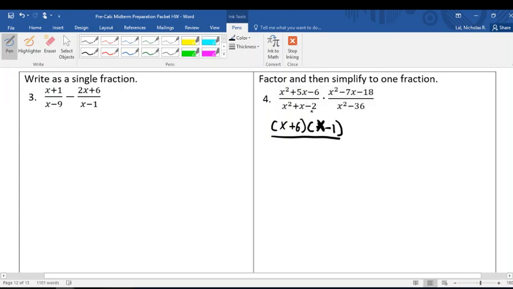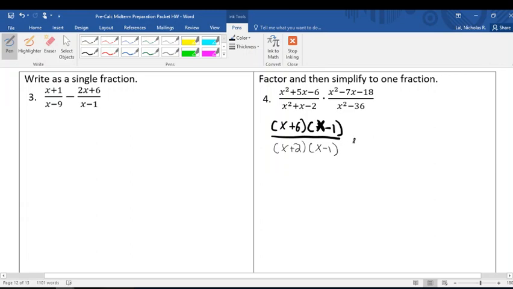You need two terms that multiply to negative 2 and add to positive 1. Those terms are going to be x plus 2, x minus 1. Negative 1 times 2 is negative 2. Negative 1 plus 2 is 1.